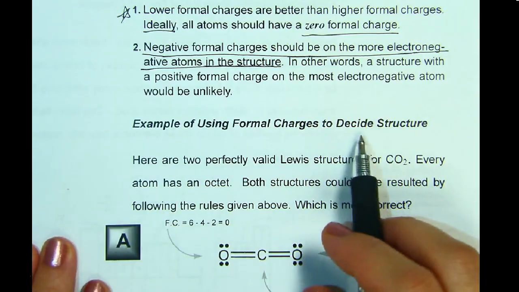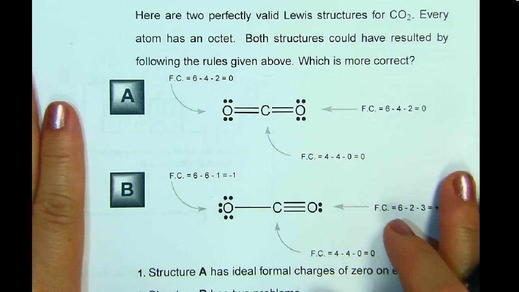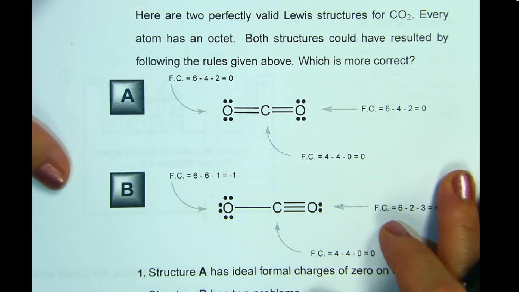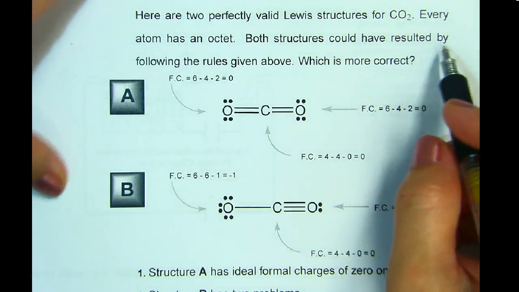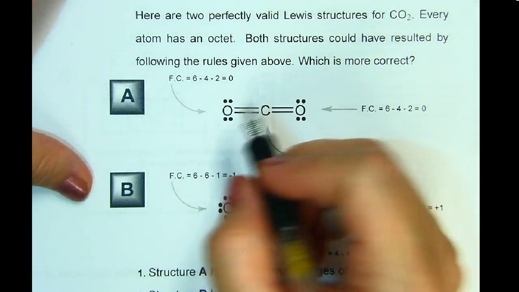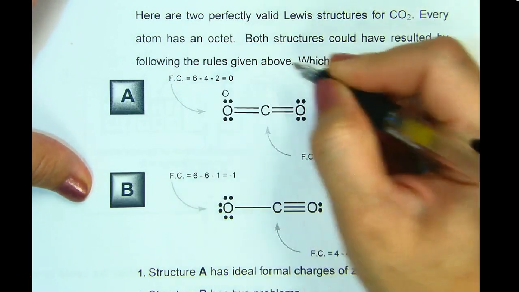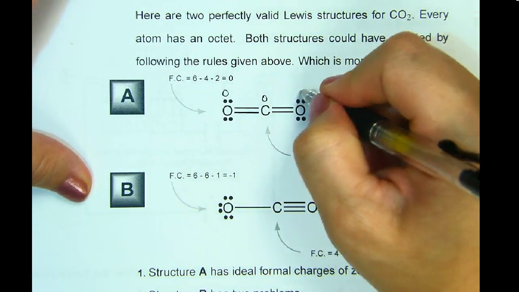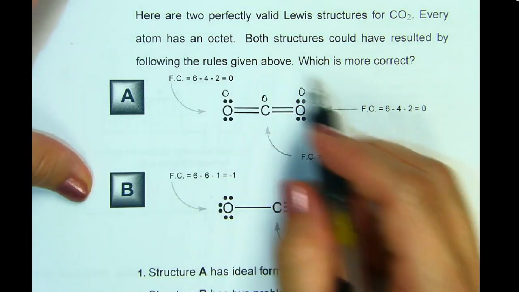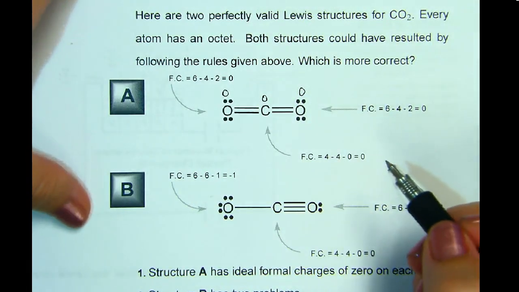Example of using formal charges to decide the structure. Here are 2 perfectly valid Lewis structures for CO2. Every atom has an octet. Both structures could have resulted by following the rules given above, so which is more correct? Here we have a formal charge of 0 on this oxygen, 0 on the carbon, and 0 on this oxygen. So everything is 0, and each atom has a 0 formal charge.